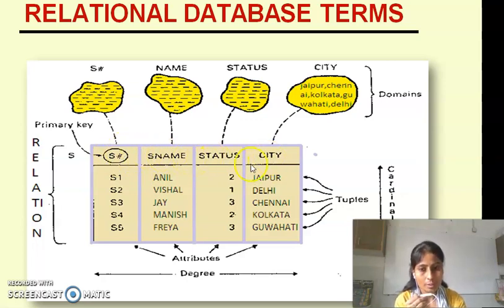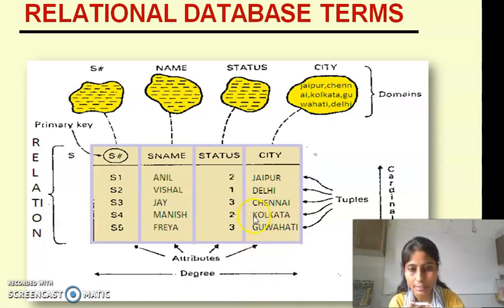These 4 columns are also known as the attributes, and the number of attributes in a table is known as the term degree. In this table 4 attributes are present, so the degree of this table is 4.